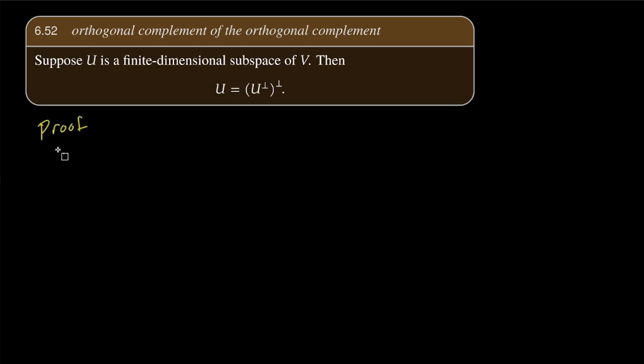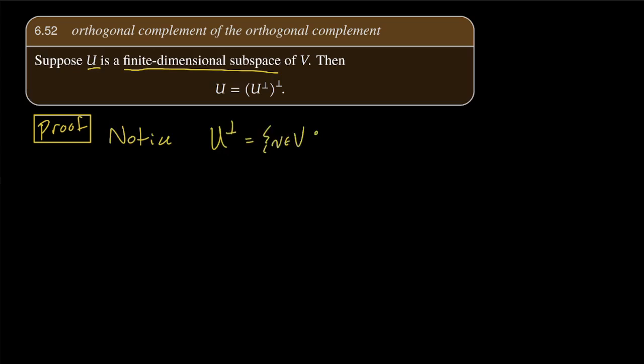Some screwy things can happen in the case of infinite dimensional spaces, but let's restrict ourselves to a finite dimensional subspace of V. So notice that U perp, just by definition, is equal to the set of all v's in V such that the inner product of u with v is equal to 0 for all u in U.